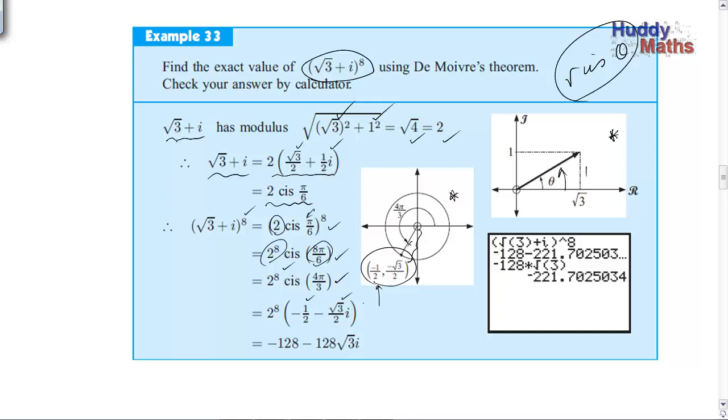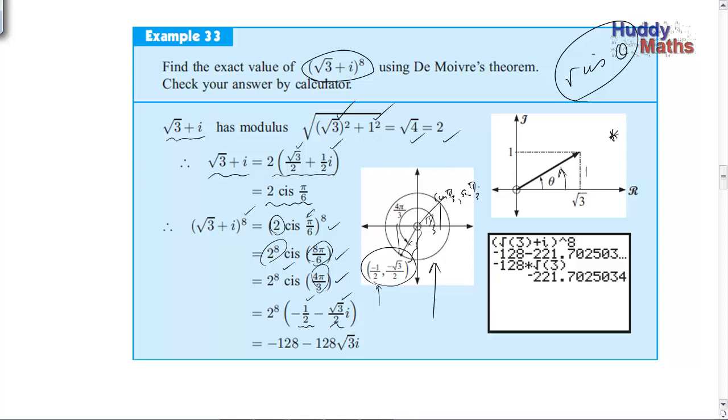And then cos of 4 pi on 3 is going to be equal to the negative of cos pi on 3, and sine of 4 pi on 3 the negative of the sine of pi on 3, which is root 3 on 2, because cos theta plus i sine theta. So we can use our diagram here to show that we are going to work with an equivalent angle in the first quadrant. So that would be pi on 3. And these would be the negatives. So those triangles are congruent. And we know up here this is cos pi on 3, sine pi on 3.